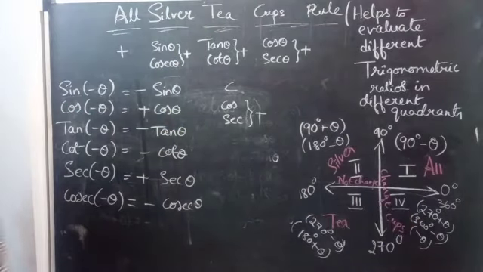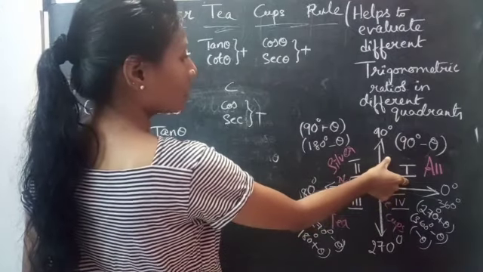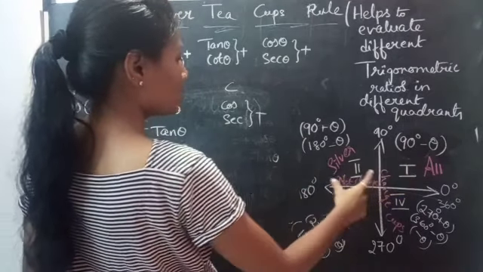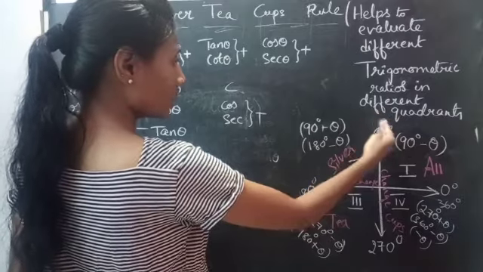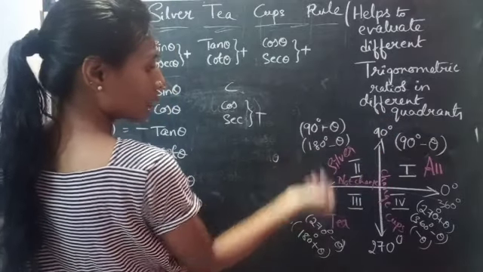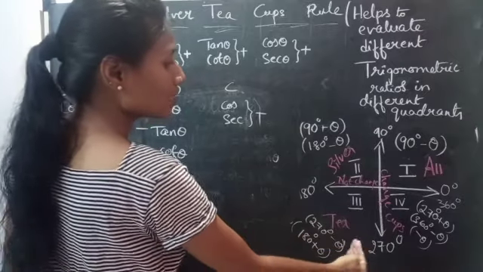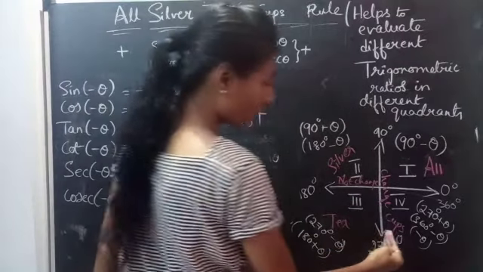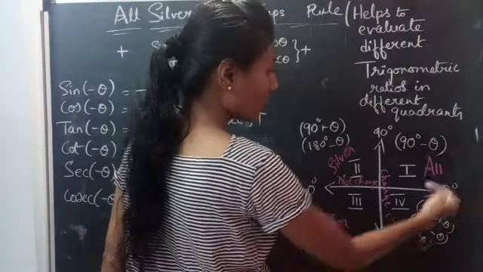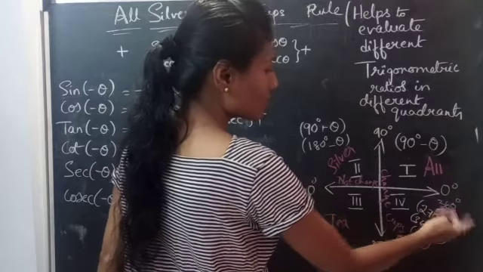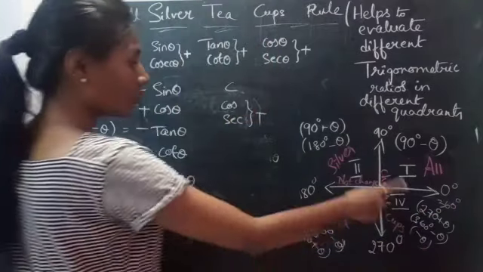Okay. For the first quadrant, you'll have 90 minus theta, and for the second quadrant, 90 plus theta and 180 minus theta, and for the third quadrant, 180 plus theta and 270 minus theta, and for the fourth quadrant, 270 plus theta and 360 minus theta and minus theta. Okay.